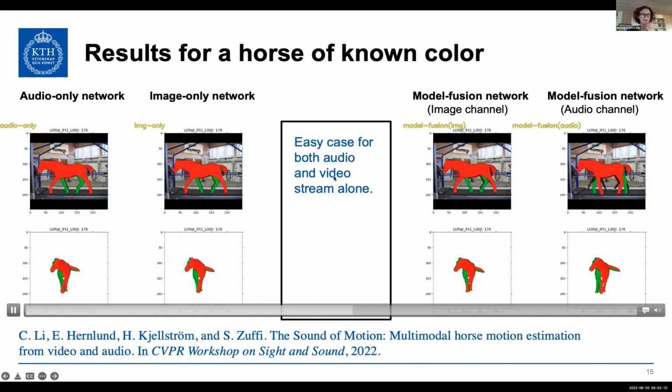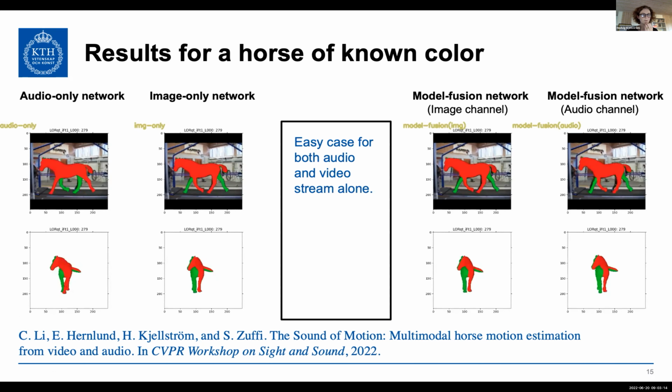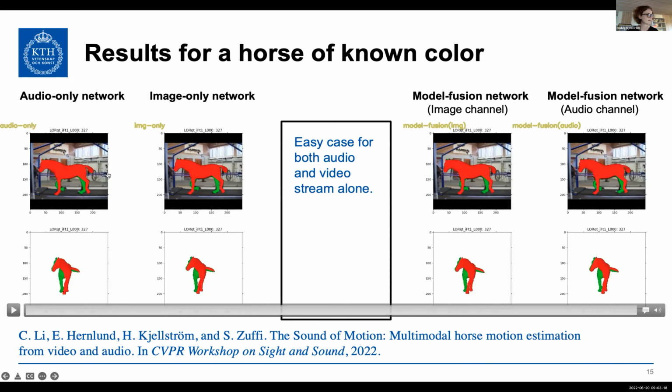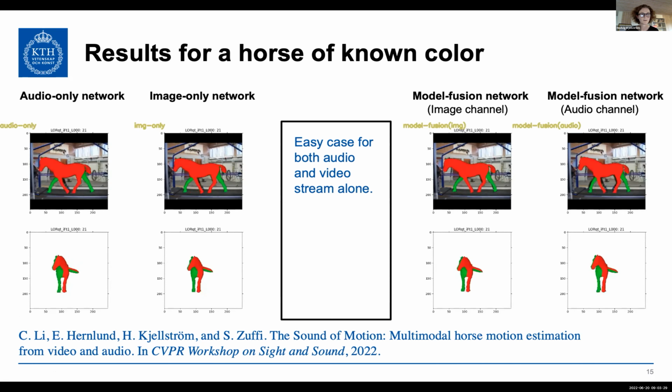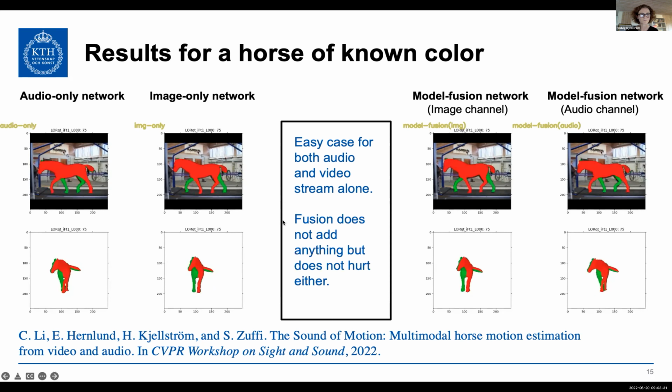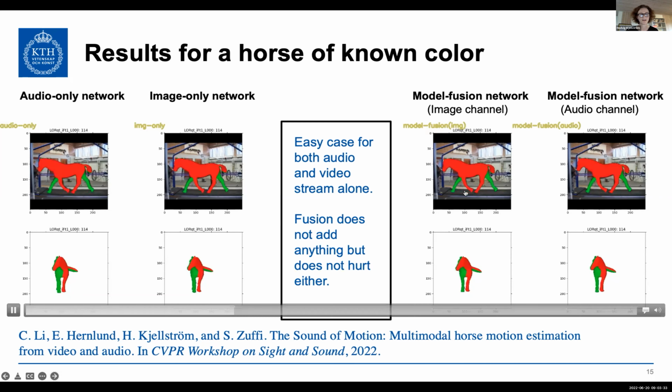But basically, it's quite an easy case for both audio and video stream alone. And you can note that since the horse is centered in the sequence, the audio stream uses just the sound of the hoofs, but it still works fairly nicely. And fusion doesn't add a lot.